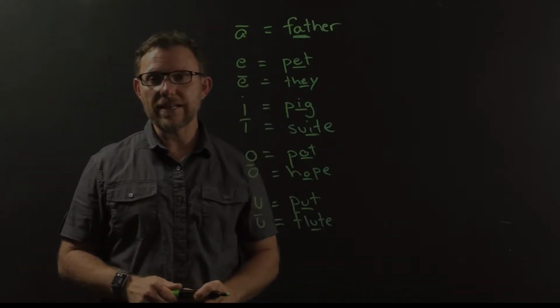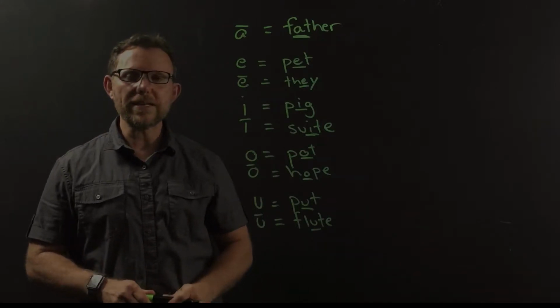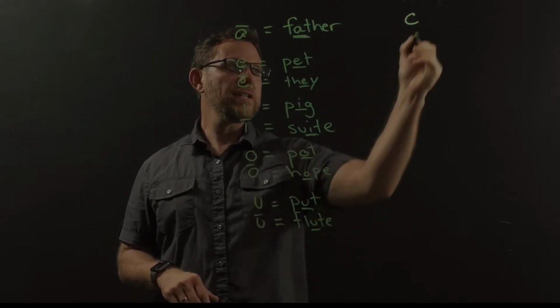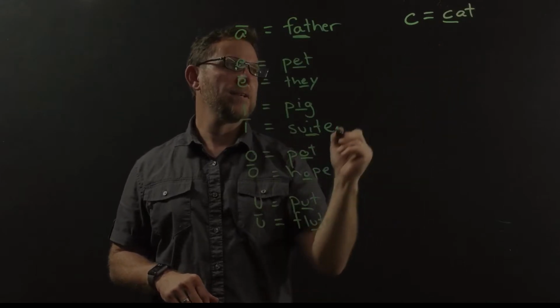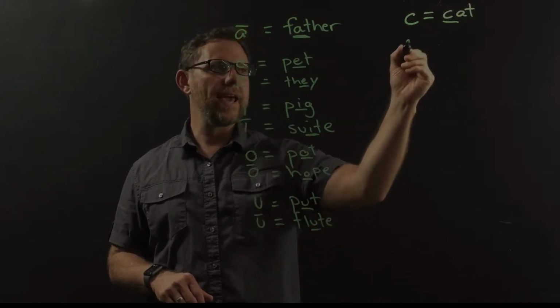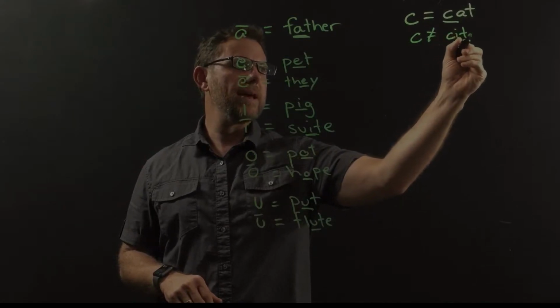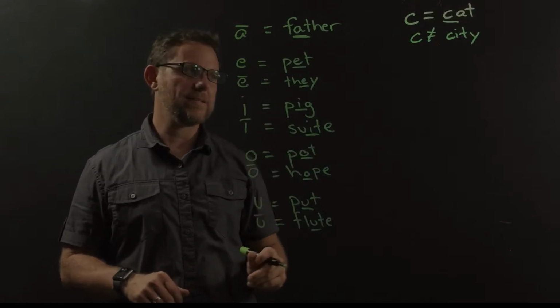Most of the consonants in Latin sound the same as they do in English, but there are a few that we need to take note of. So for instance, there is the letter C, which in Latin always sounds like the C in the word cat, cup. We call that a hard C. It's a K sound. But it never makes the sound that we hear a C make in English in the word city. So C cannot make an S sound in Latin.